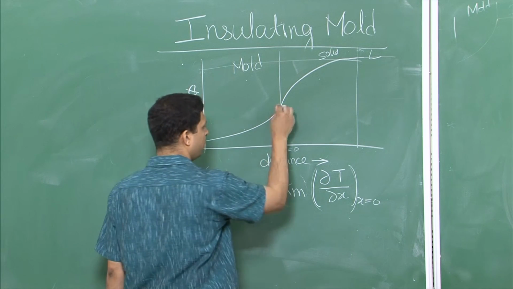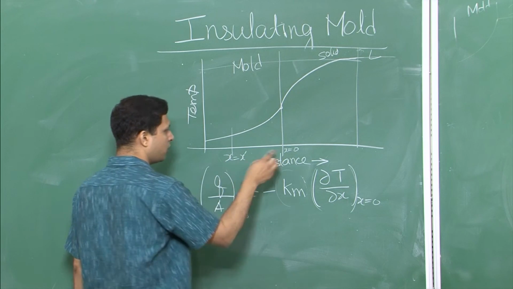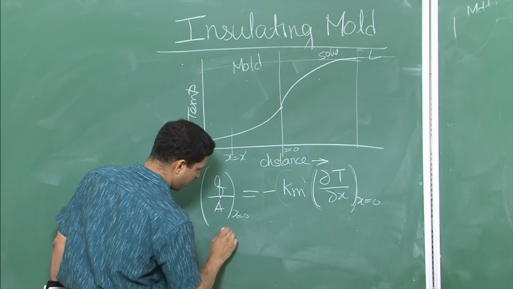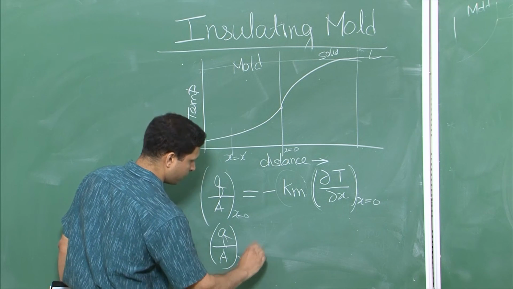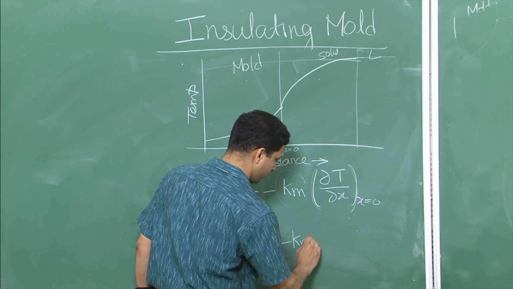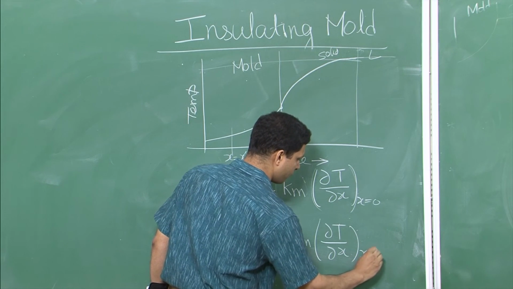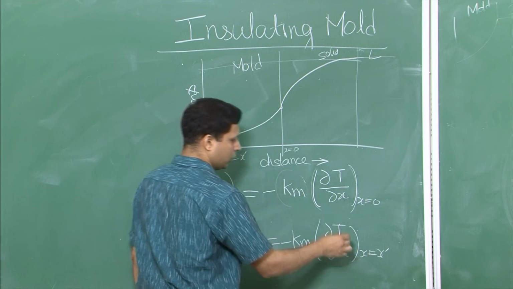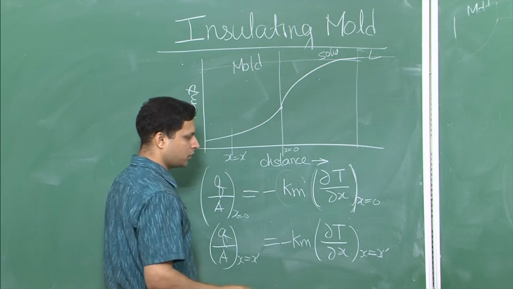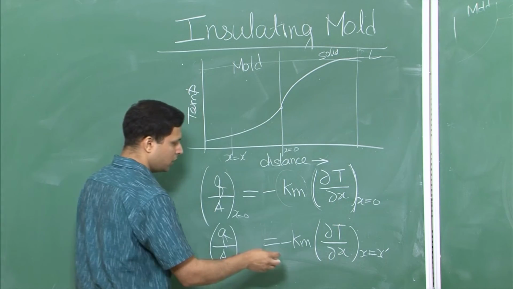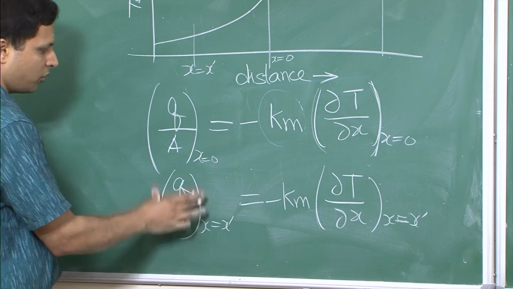If we are talking about Q at x equal to 0 and, let us say, x equal to x prime, which is lower than x equal to 0, then this quantity is larger and this quantity is smaller, and therefore, in magnitude, this is smaller than this.